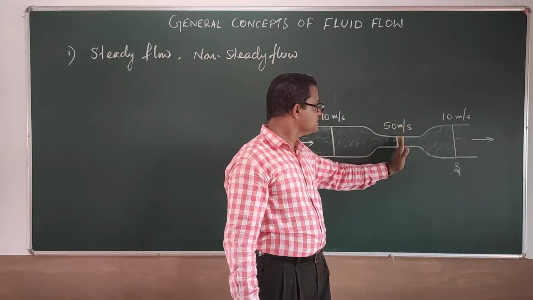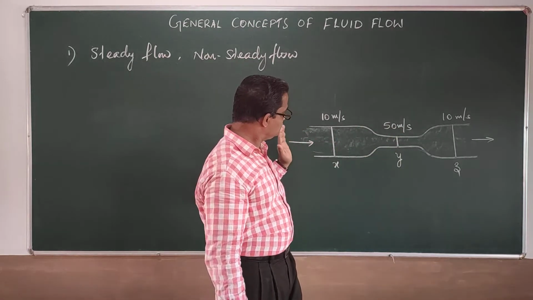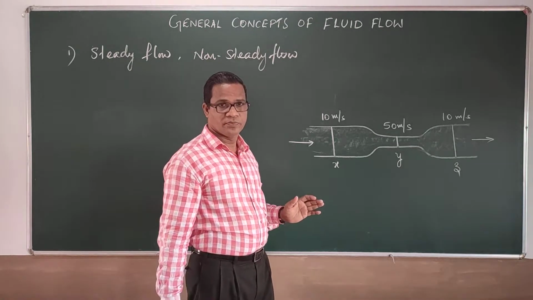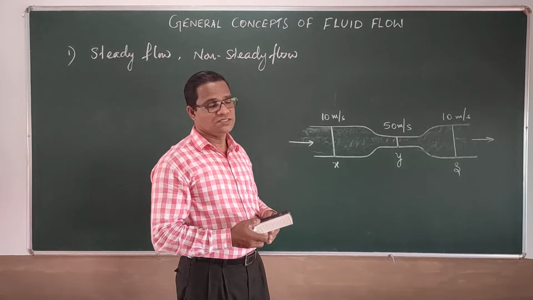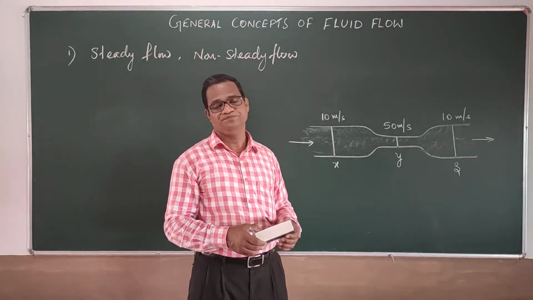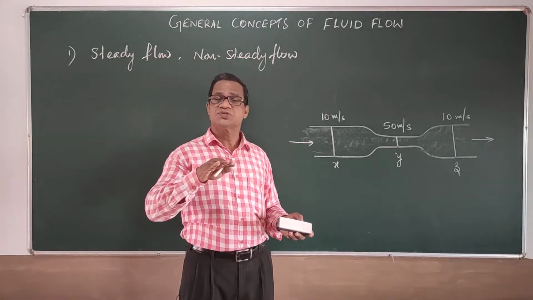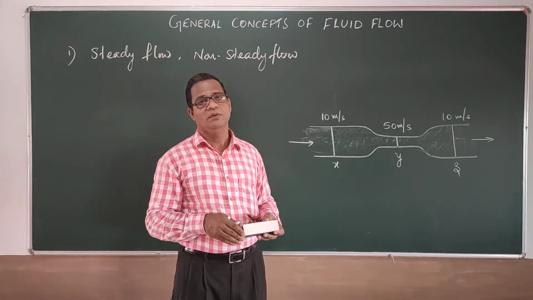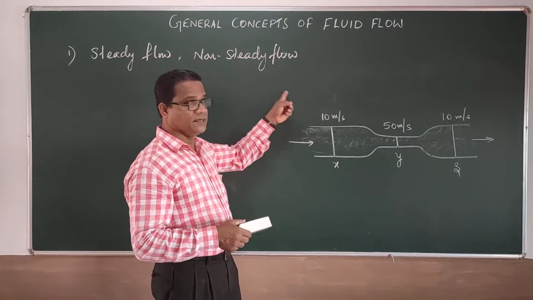So this kind of flow will be a steady flow. Particles will not cross each other, will not obstruct each other; they flow steadily. This type of flow is obtained with a slow movement only. Now any motion against this is called non-steady.